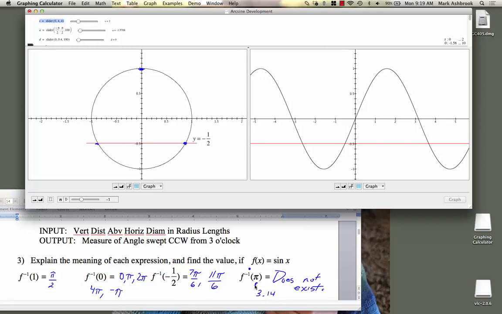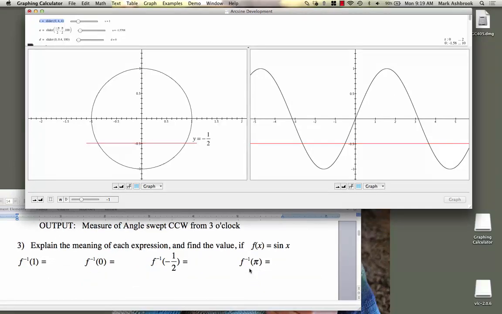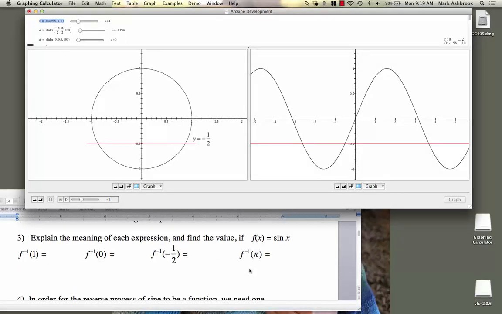Okay, so this inverse process, is it a function? So what do we have? For this we had 0, pi, 2 pi. This one we had 7 pi over 6, 11 pi over 6.